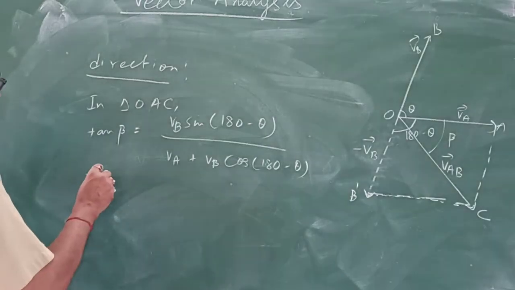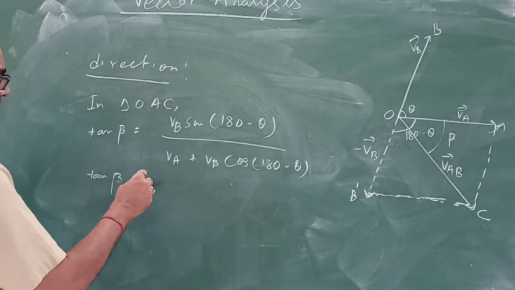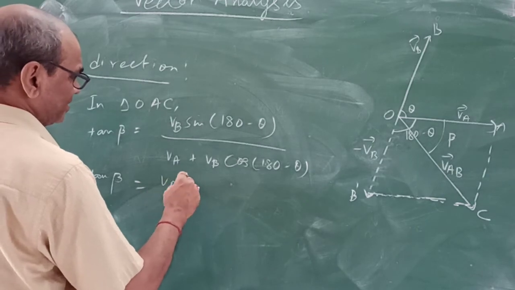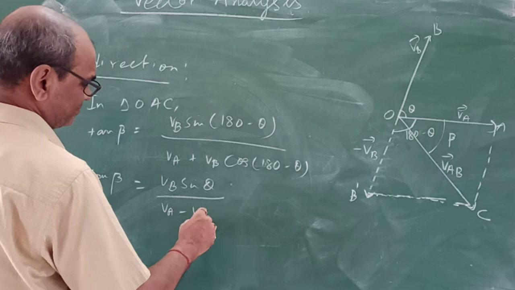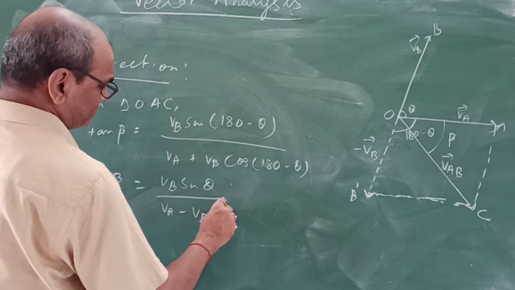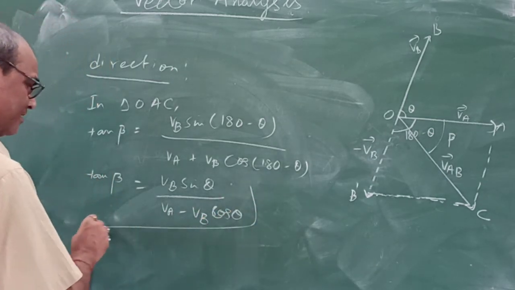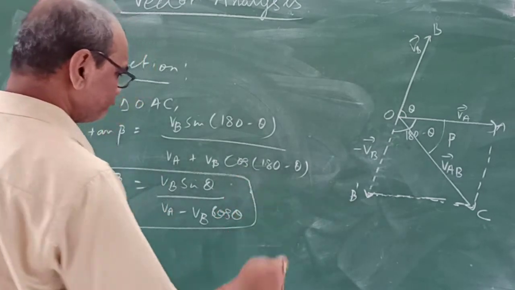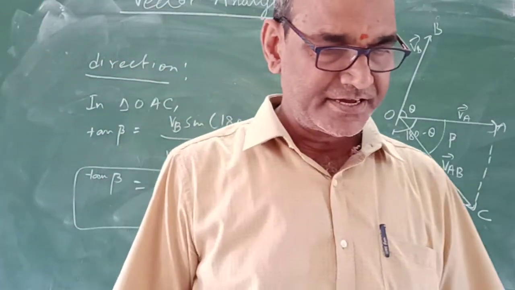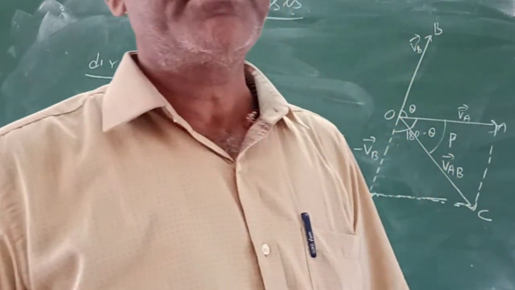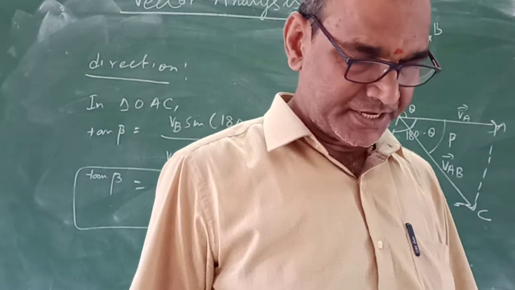Therefore, tan beta is equal to VB sin theta by VA minus VB cos theta. Is it clear? That is the direction, and we get the expression for the relative velocity of A with respect to B.